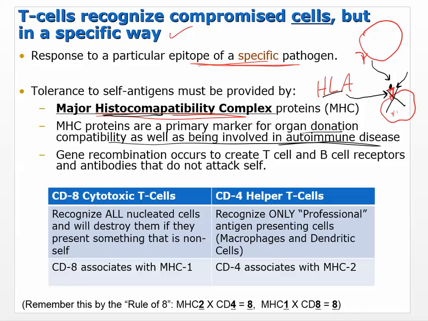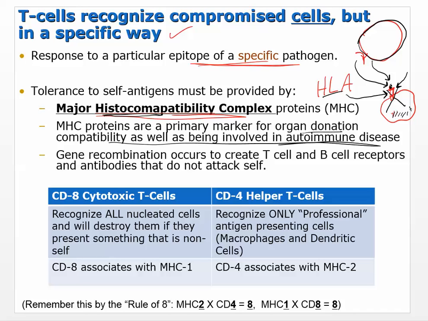Gene recombination occurs to create T cell and B cell receptors and antibodies that do not attack self. So that means that this T cell, if it's looking at something right here, says, okay, is that self or is that not self? Now, it was produced by cleaving things inside the cell itself, but it's asking, where did that come from?